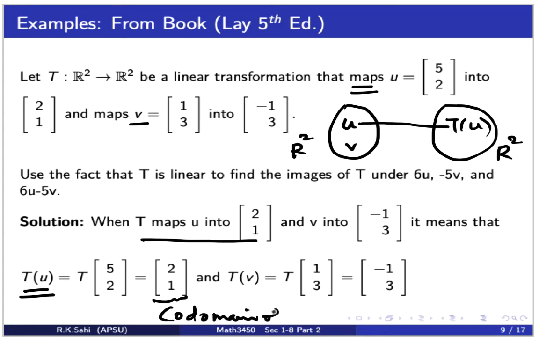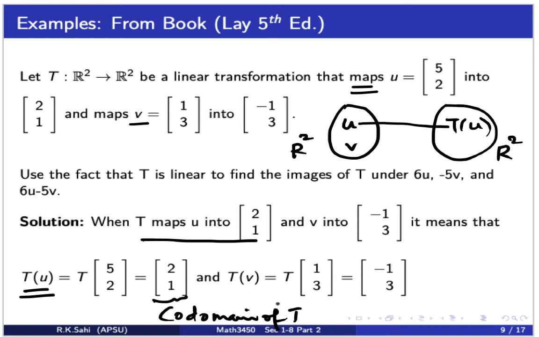Guys, keep in mind, you have to look at the bigger picture. Very important: which vector comes from which vector? Because the codomain and the domain of this linear transformation are the same, these are the same dimensional spaces, R2. So you have to be very careful when you read the problem which vector belongs to which.